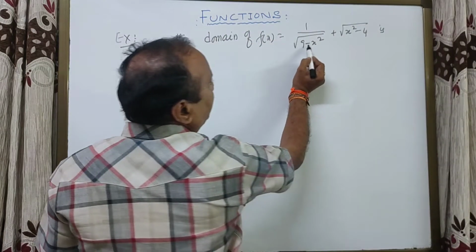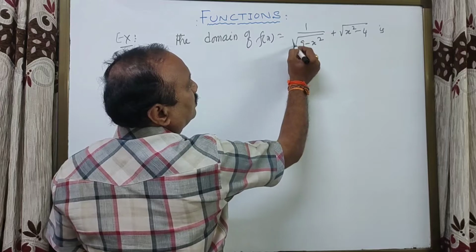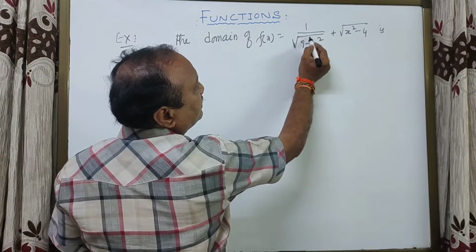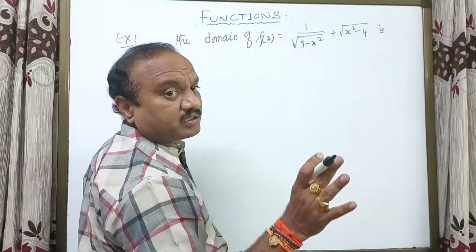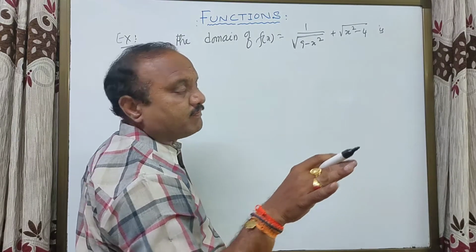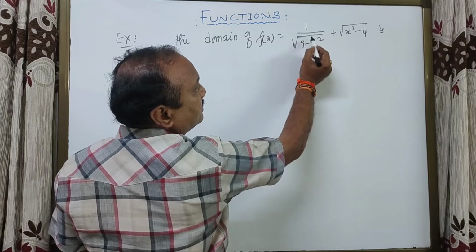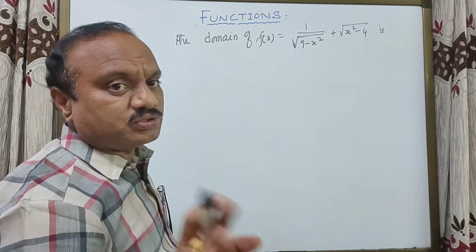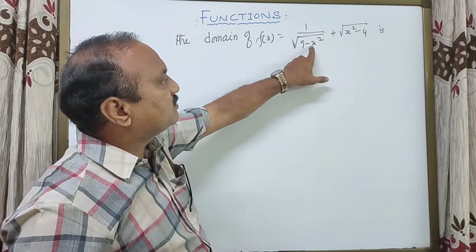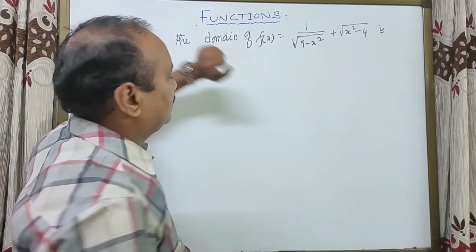Here we have a denominator and a root. A root is defined when the inside value is greater than or equal to 0. But my dear students, this one is in the denominator, so we should take only greater than 0. Don't take equal to 0. If you take equal to 0, 1 by 0 is undefined.